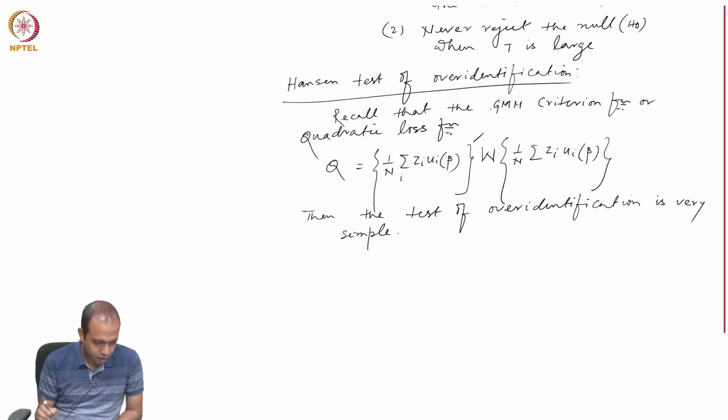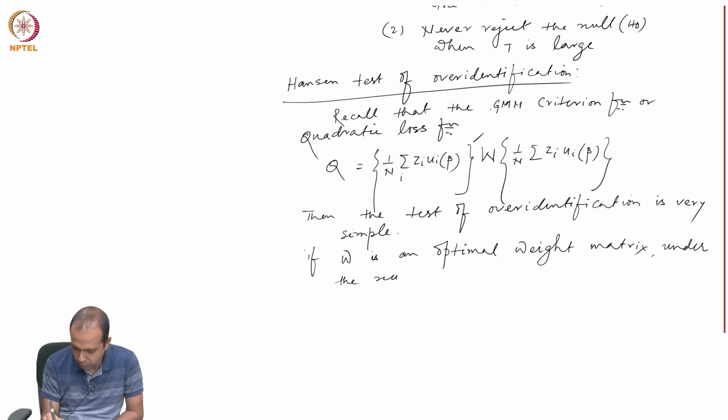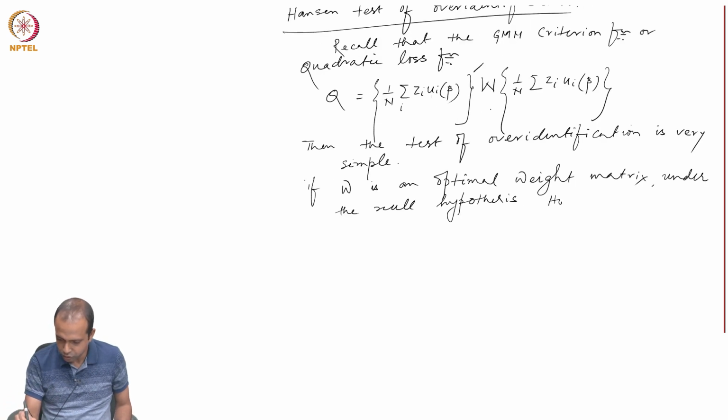Basically, if W is an optimal weight matrix under the null hypothesis, which is H naught, what is the null hypothesis?